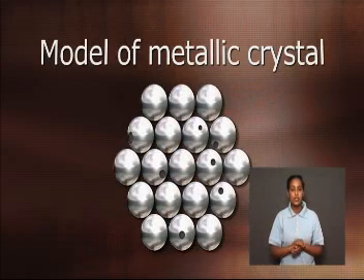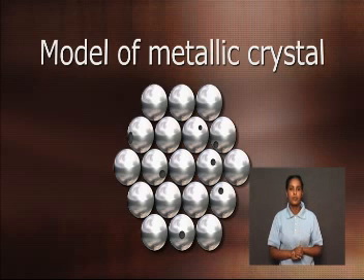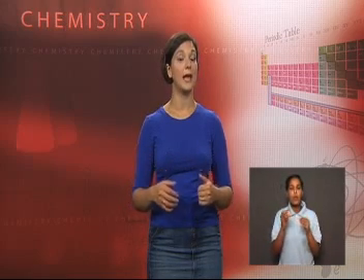The identical metal atoms that make up metallic crystals are held together by strong metallic bonding. Metals are electrically and thermally conductive, they are malleable and ductile, and they have luster. Metals have a wide range of melting points and hardness.